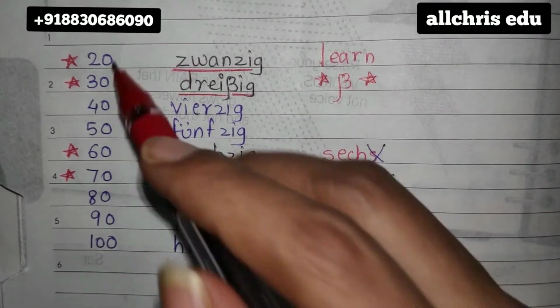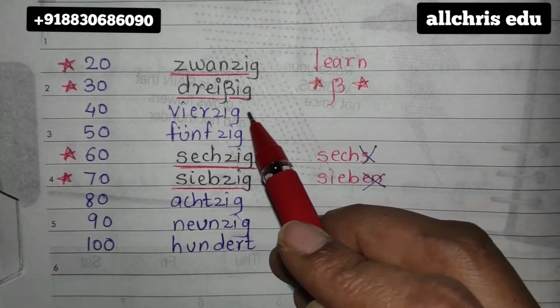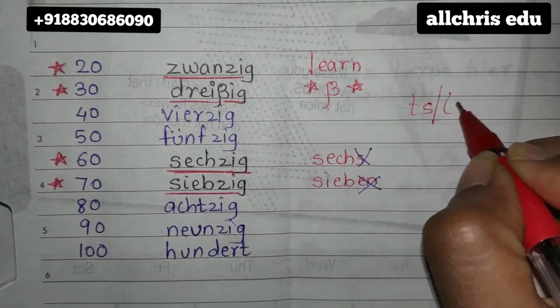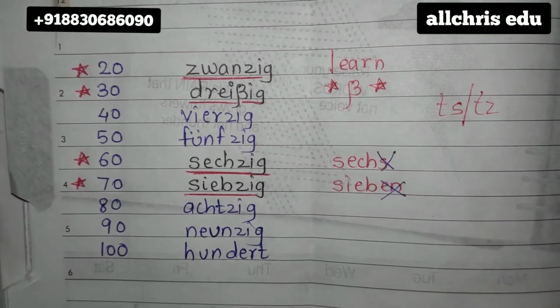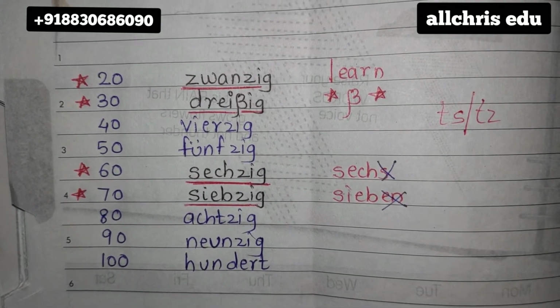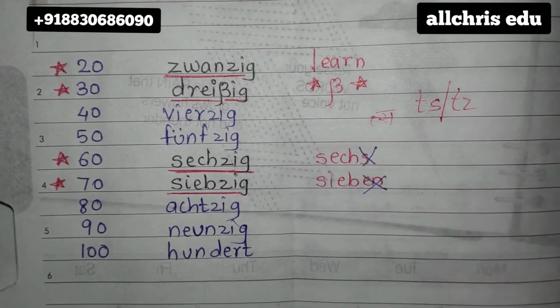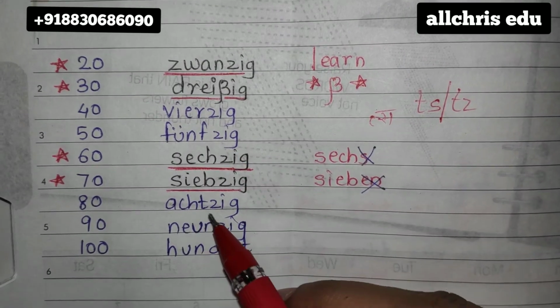For 4, we just have to say vierzig, with a little T and S or T and Z sound in ZIG. Vierzig, zig, with T and S, zish. 40, 50, 80.